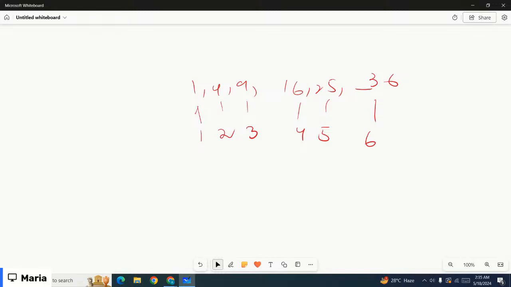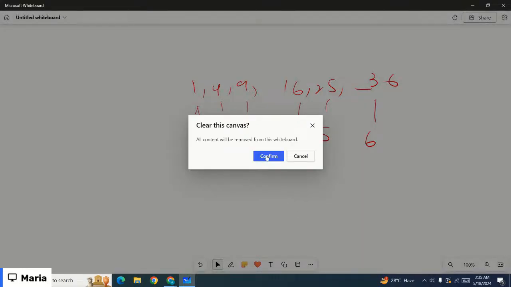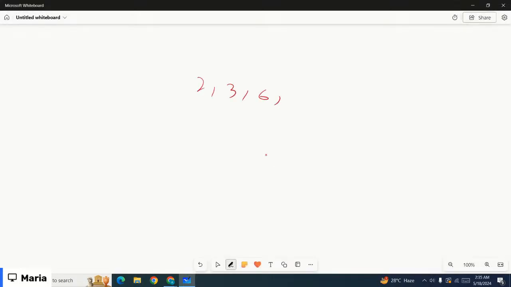Okay, let's just do another example. The other example is 2, 3, 6, the missing number, 18, 27, and 38.